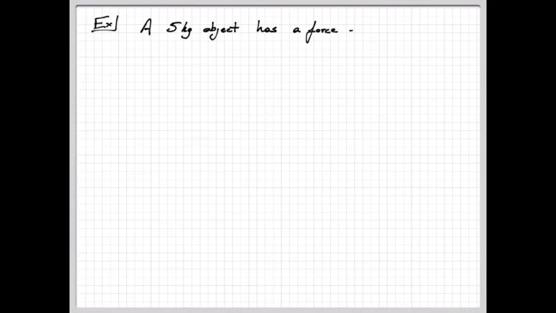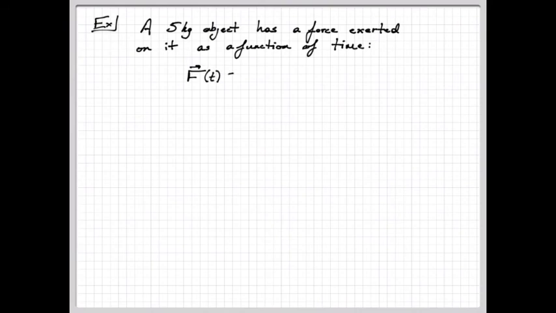So let's try another example. In this one, we'll employ some calculus concepts. Okay, so a 5 kilogram object has a force exerted on it as a function of time. And we'll define that function as f of t is equal to 2t plus 3.